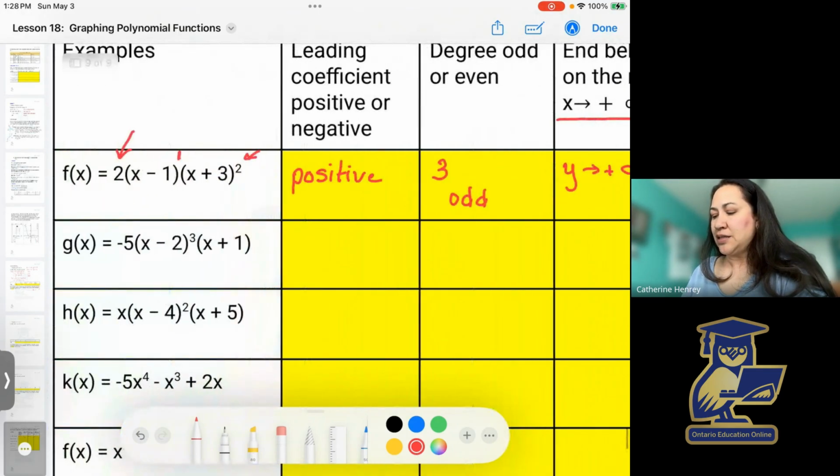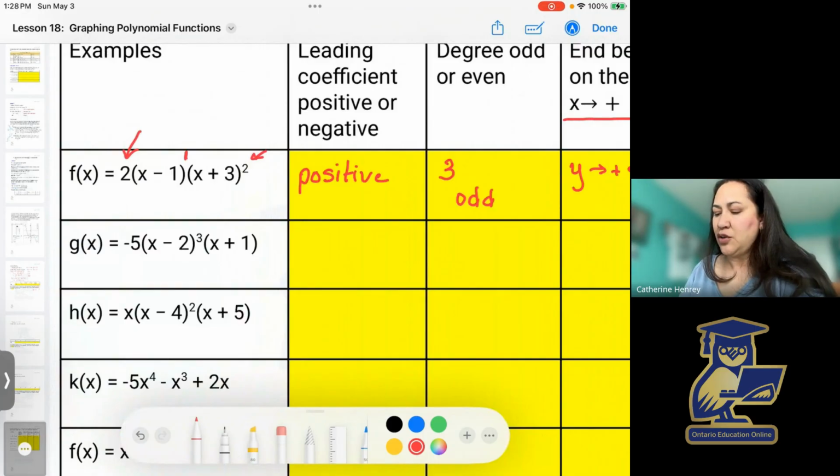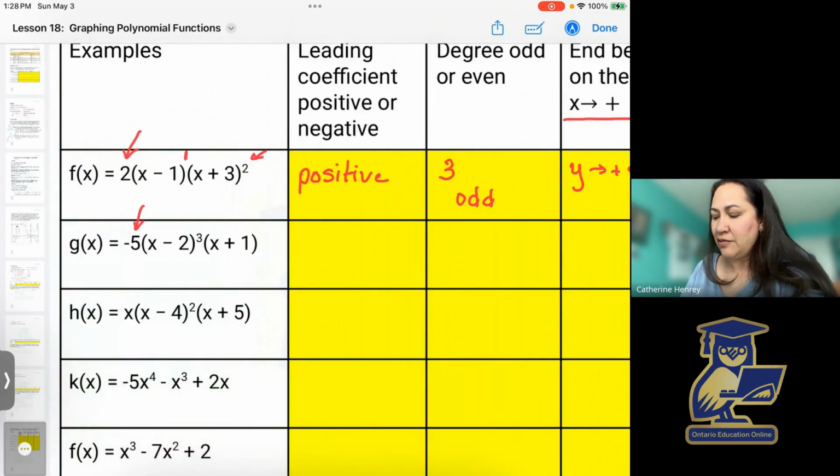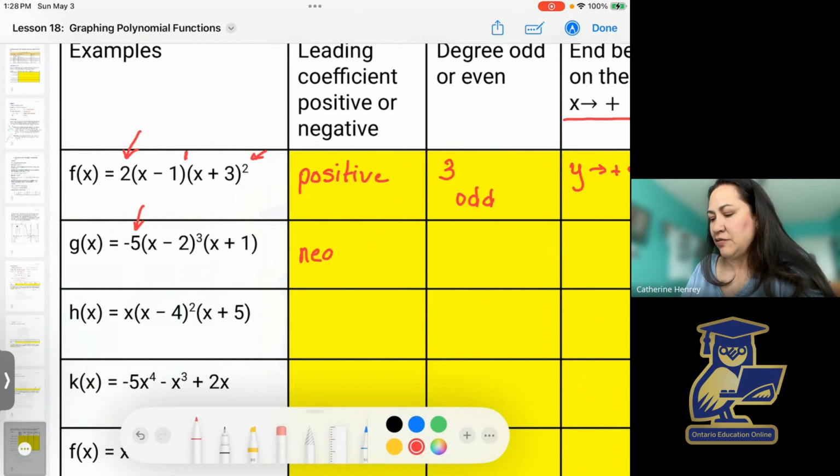Taking a look at the next example, we have a leading coefficient of negative 5. So it is negative. Again, we have a degree here of 3, but then we have another bracket, and we assume that it's a degree of 1. And so 3 plus 1 gives me 4, and that's even.